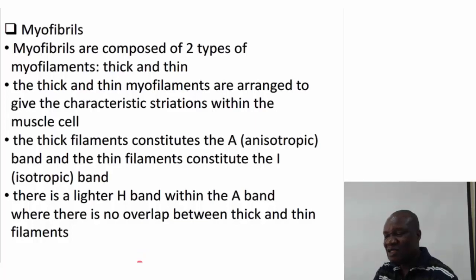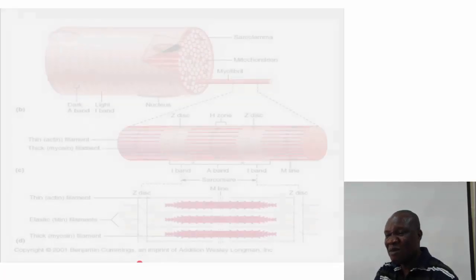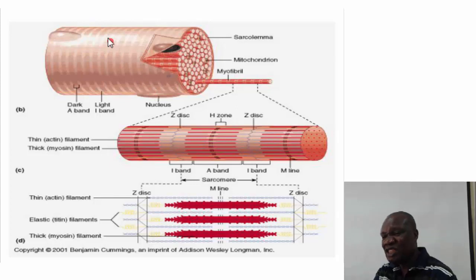Now, it's the arrangement of the thick and thin filaments that gives striations to the cell. So this is a myofibril from this muscle cell. You can see that there are alternating dark and light bands. These alternating dark and light bands give the muscle the striation characteristic. So these are our striations.